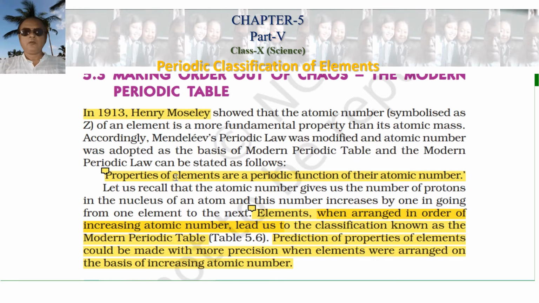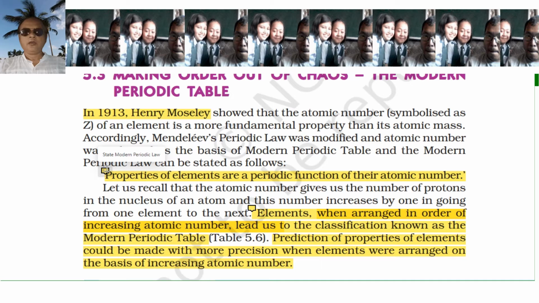If somebody asks you to state the modern periodic law, then you will write: properties of elements are a periodic function of their atomic number. Now let us recall that atomic number gives us the number of protons in the nucleus of an atom, and this number increases by 1 in going from one element to the next.